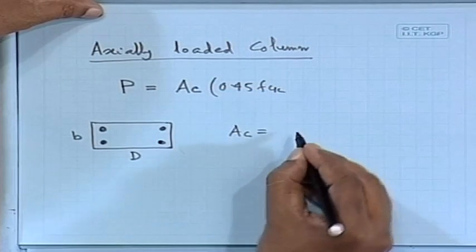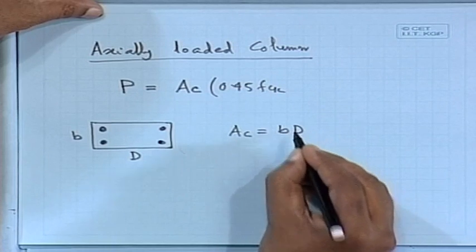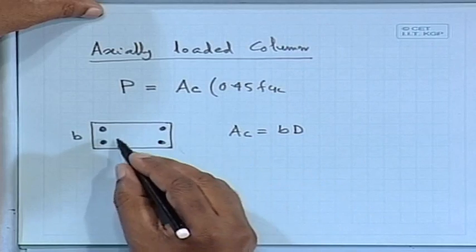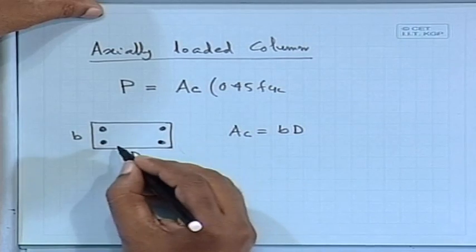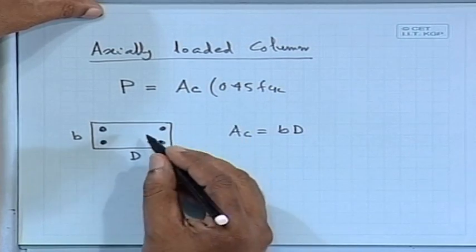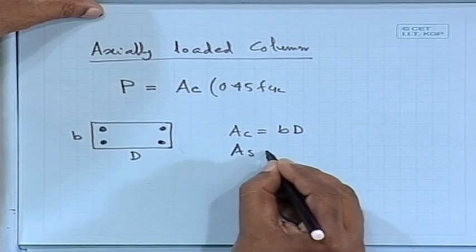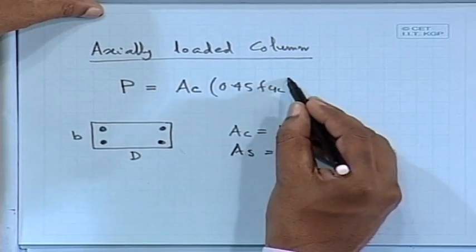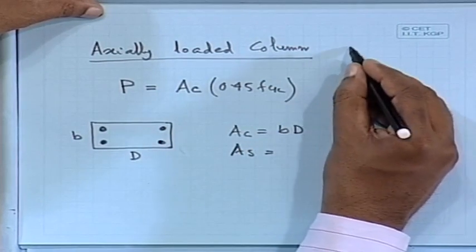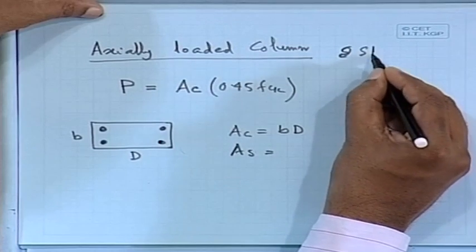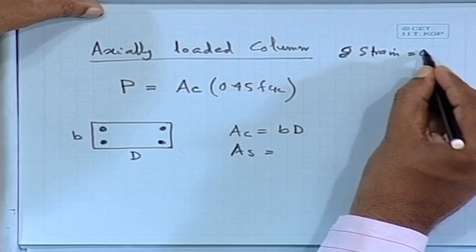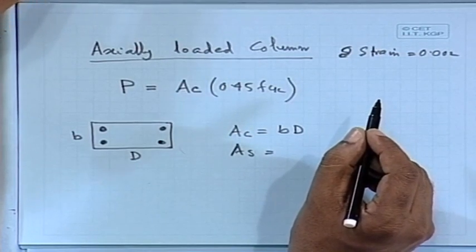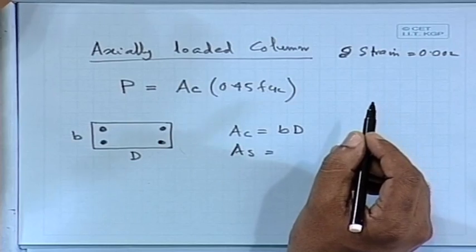Ac, the area of concrete, is b times d. The area of steel, if you have 4 numbers or 6 numbers of bars, you can find out from there. So P will be equal to Ac times 0.45 fck, because we are talking about strain 0.002. This is what our code says for an axially loaded column under direct compression, it is 0.002.